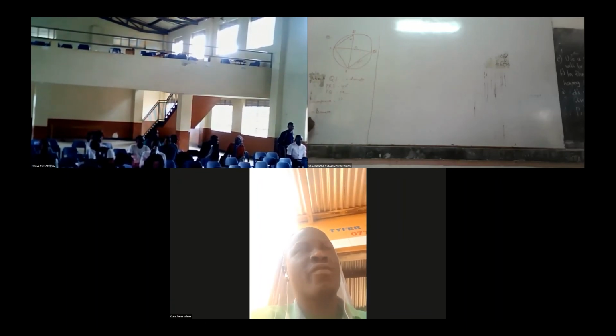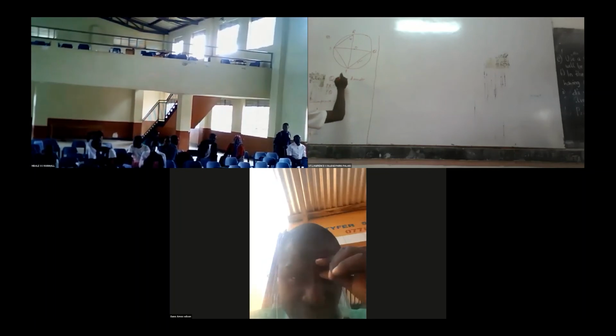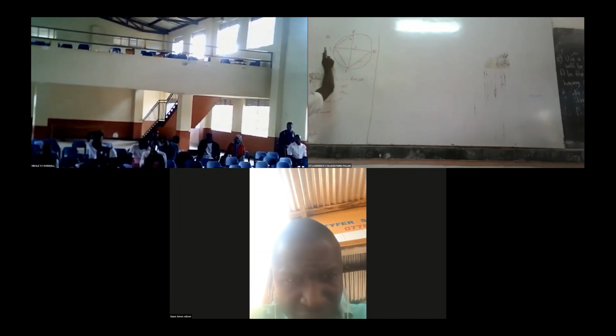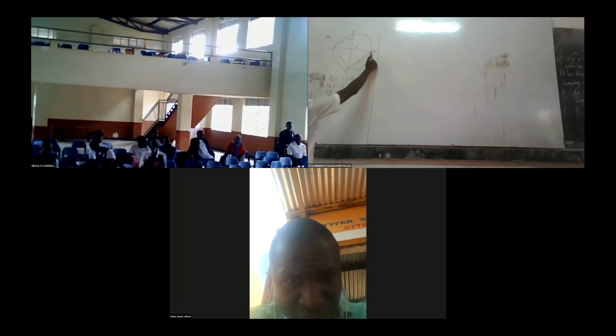Then another tool, when you look keenly in the figure, is a line from the circumference to the circumference. It's not one, there are over 3: 1, 2, 3, but they're not passing through the center. That means they are called chords. So these are the tools that have been given to us.